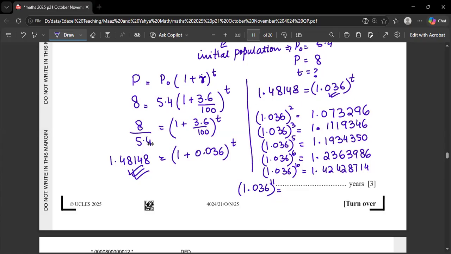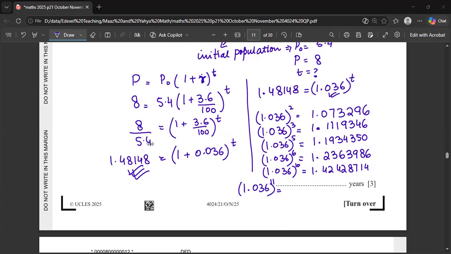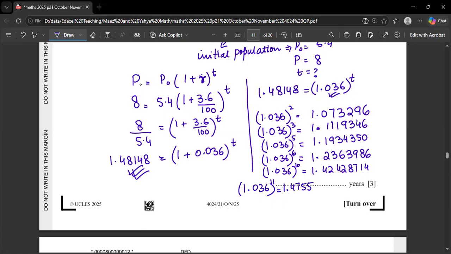Can anyone please tell me the value? Okay, he has shared. 1.4755556148.